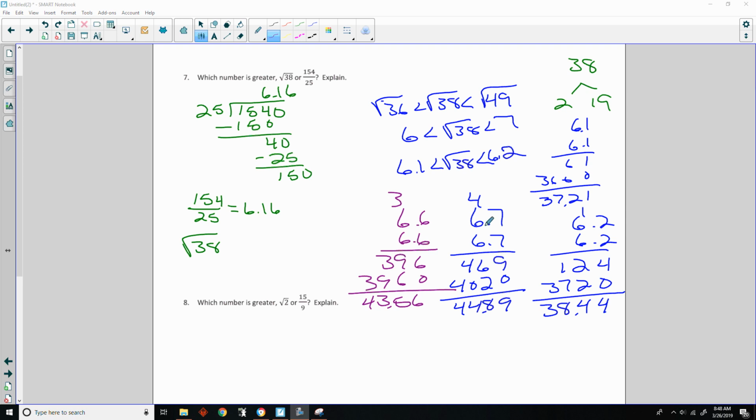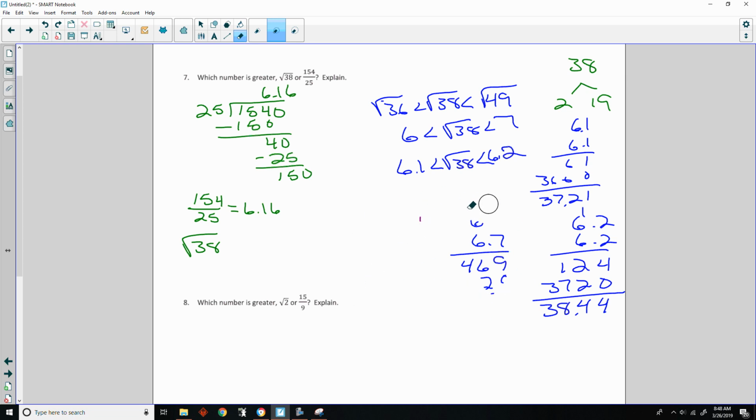Okay, these numbers are both too big, and there's a good reason for it. I'm forgetting my decimal places. I did 6.1, I did 6.2, but then I jumped all the way up to 6.6 and 6.7, which I should not have done. It should be 6.16 and 6.17. So if I do this again, my apologies there, I forgot my hundredths.